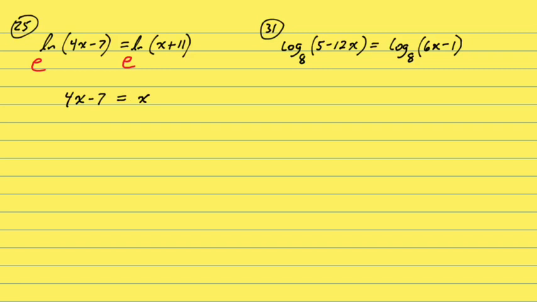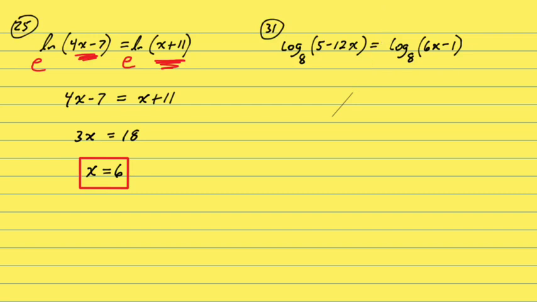Subtract x makes 3x. Add 7 makes 18. Divide by 3, and you'll get your result. Put a 6 in, that gives you a 17. What's 24 minus 7? Also 17, so I know that it works.